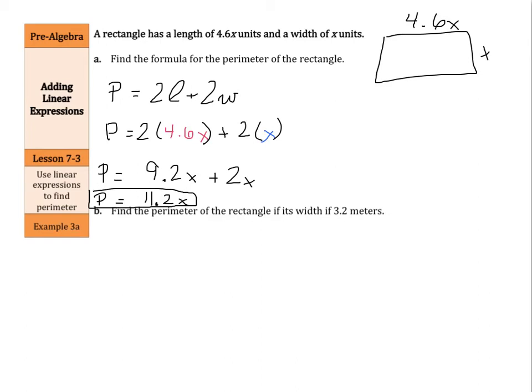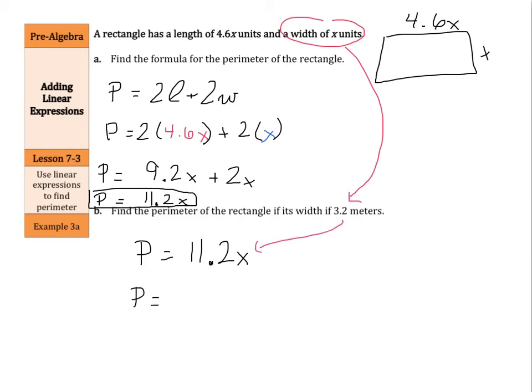Now we're being asked, find the perimeter of the rectangle if its width is 3 2/10 meters. Well, conveniently enough, it's saying our width is x. So this width of 3 2/10 can be substituted in for that x. So we have P is 11 2/10 times x, and again, it's convenient that our width here is x, and we're given our width here, so we just need to put it in there for x.